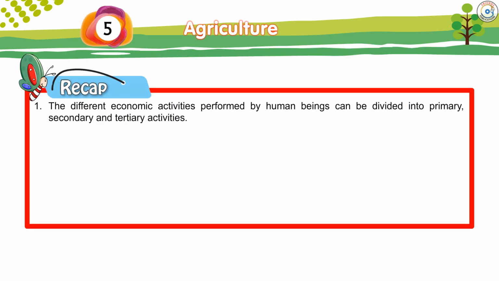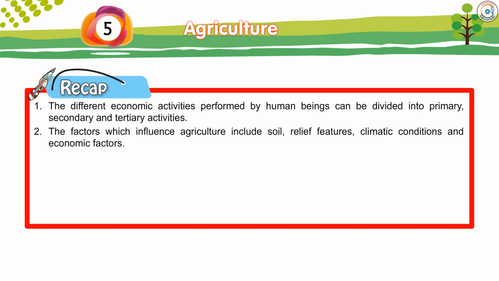Recap. The different economic activities performed by human beings can be divided into primary, secondary, and tertiary activities. The factors which influence agriculture include soil, relief features, climatic conditions, and economic factors.